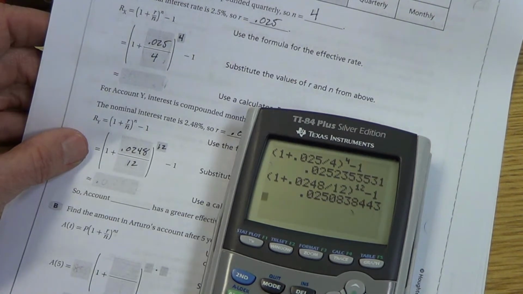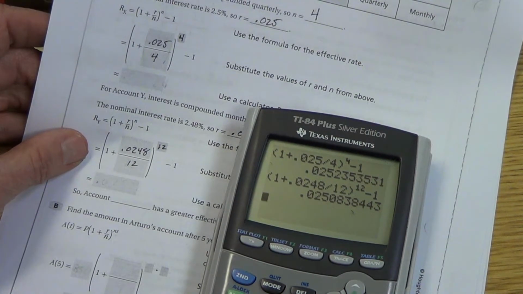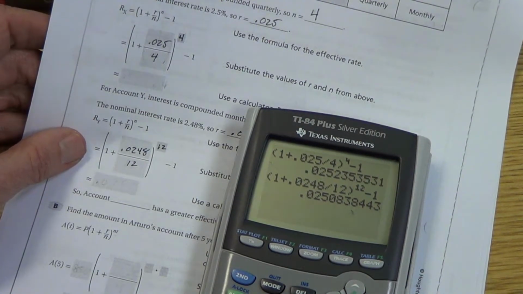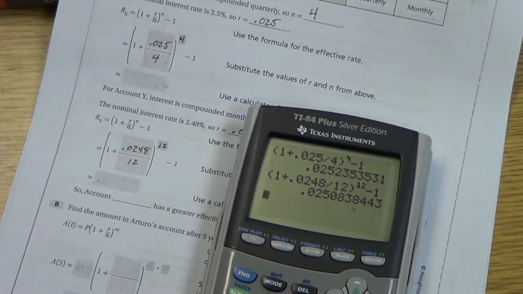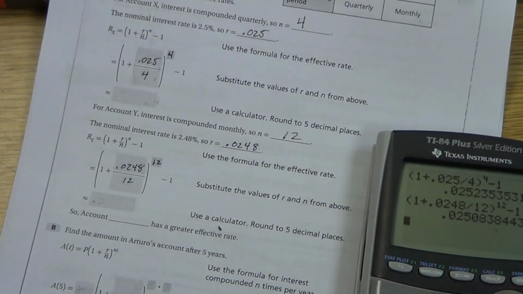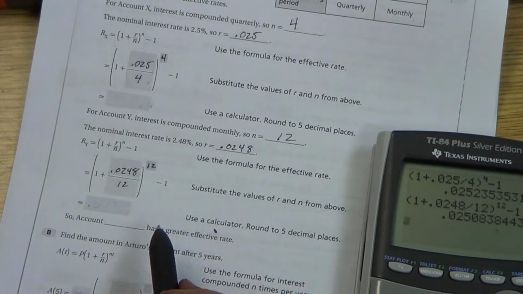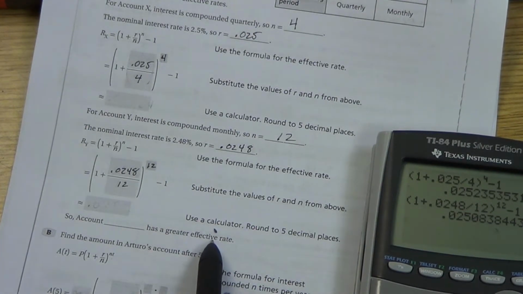Okay, the effective rate for that is 0.2508. So now you'll compare 0.2508 with 0.2524. 524 is bigger than 508, so the account that has greater effective rate is X.